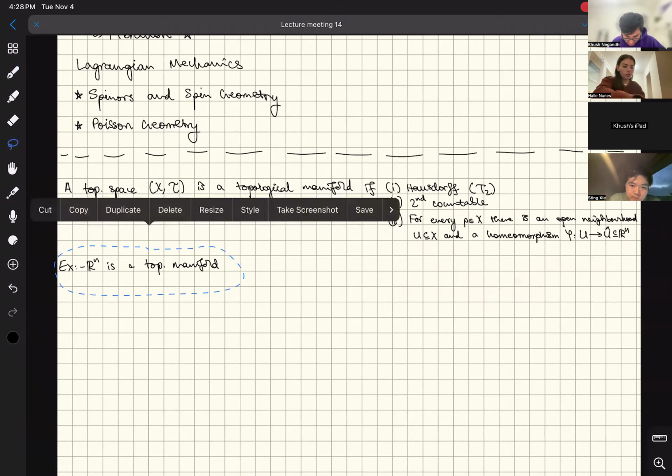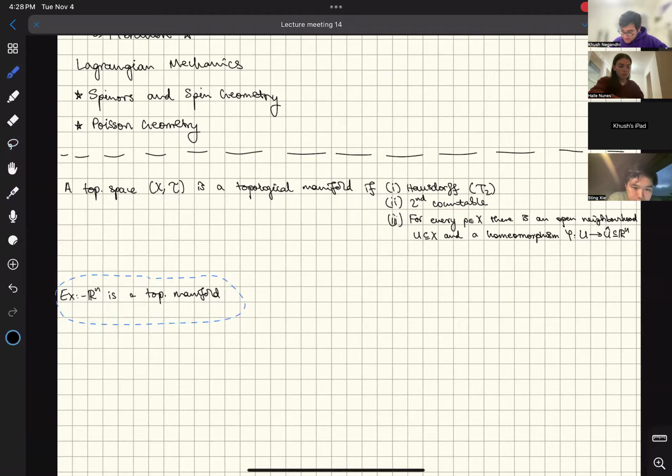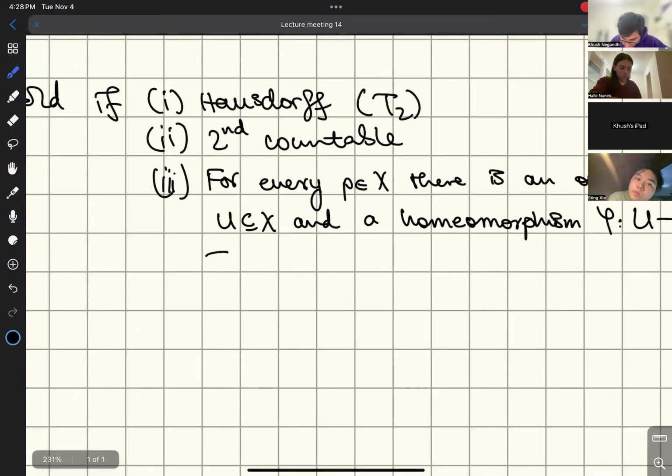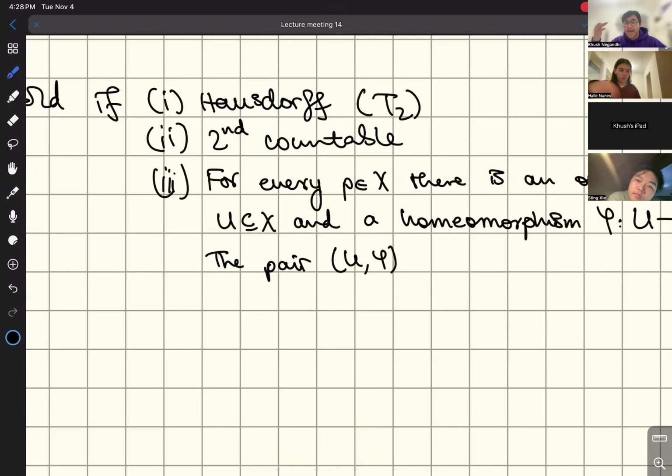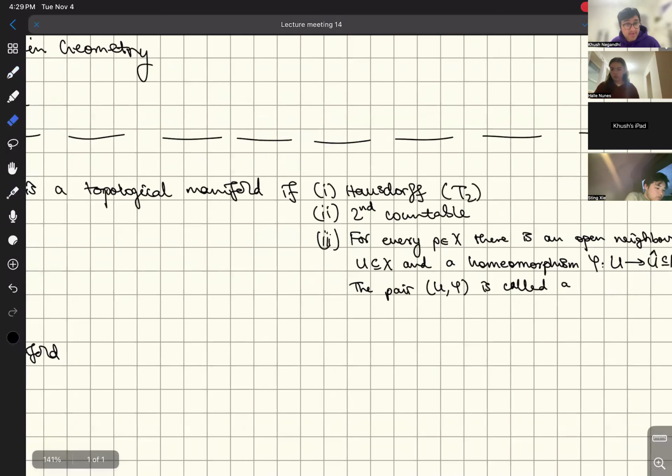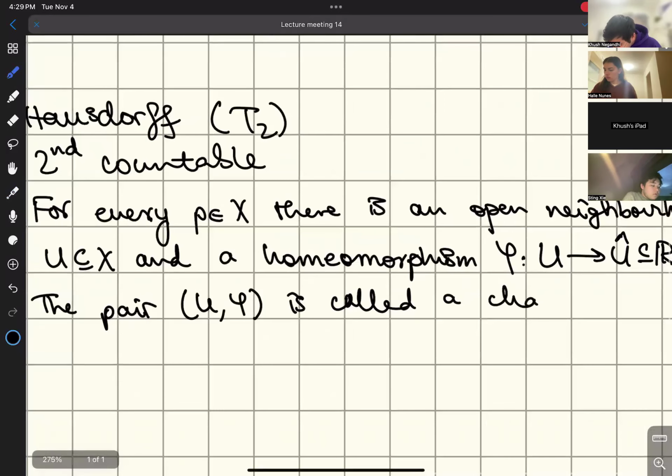I just realized I forgot to mention one thing. The pair (U, phi), the open set U and the map phi, is called a chart. Let me write that slightly nicer.